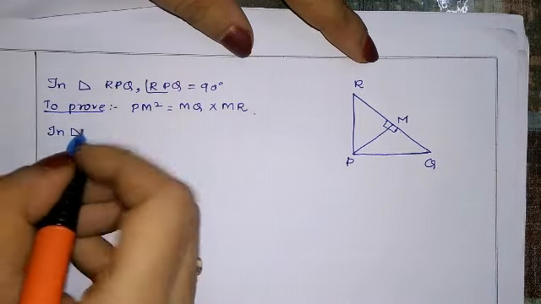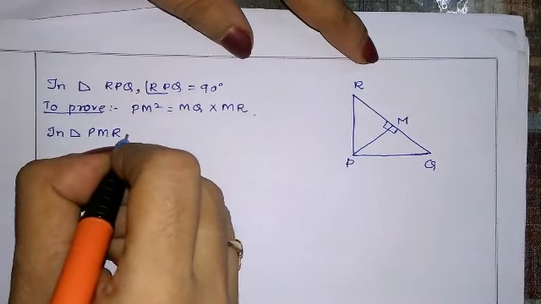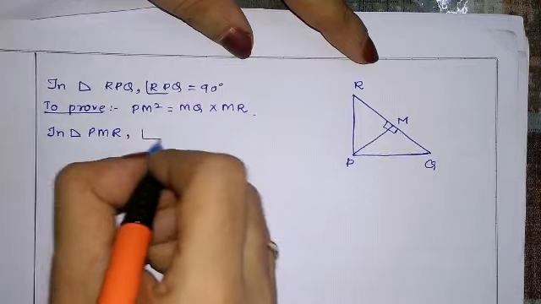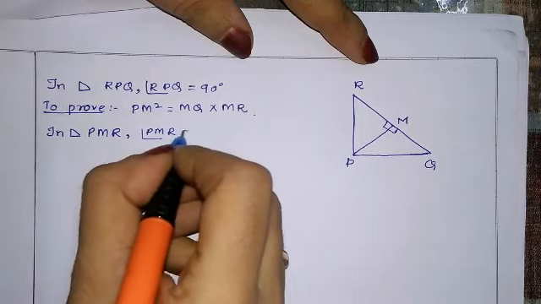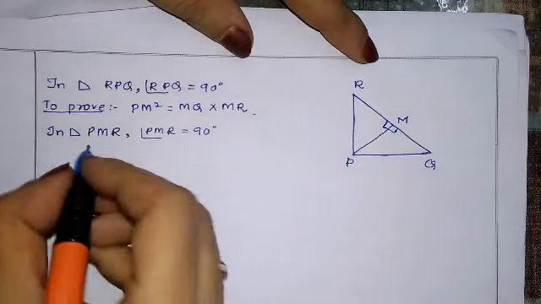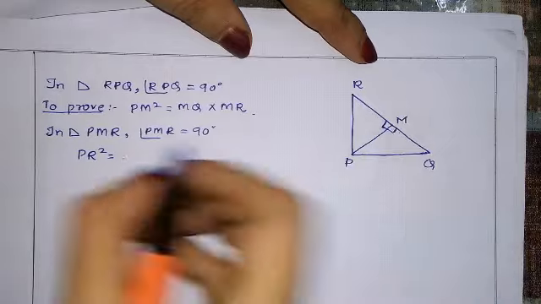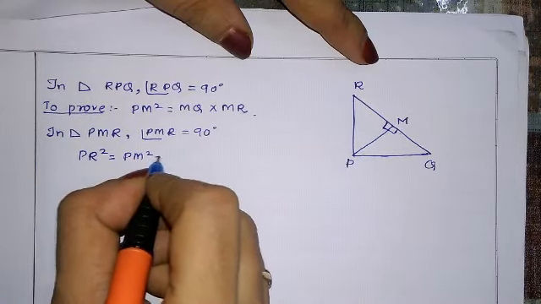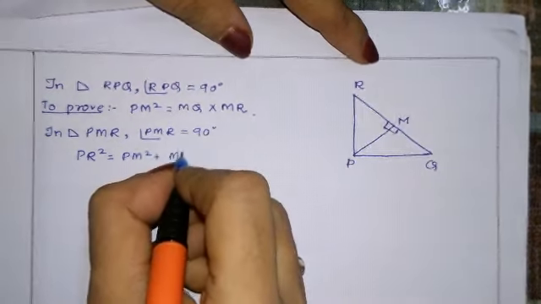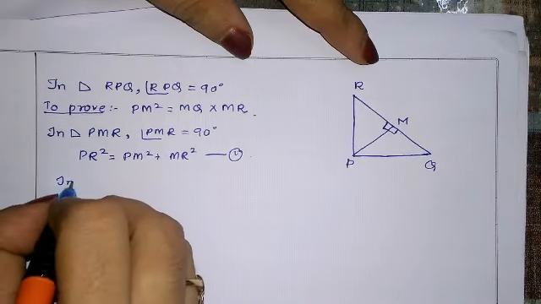In triangle PMR, by Pythagoras theorem, the side opposite 90 degrees is the hypotenuse. PR square is equal to PM square plus MR square. Equation 1.